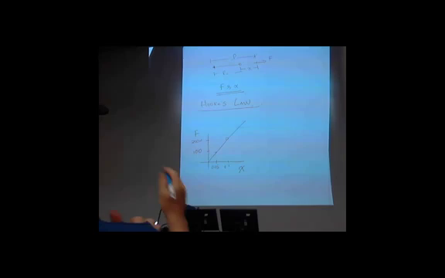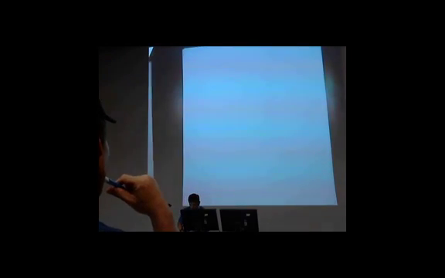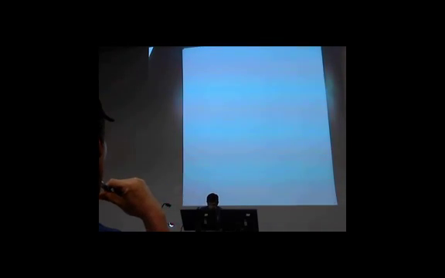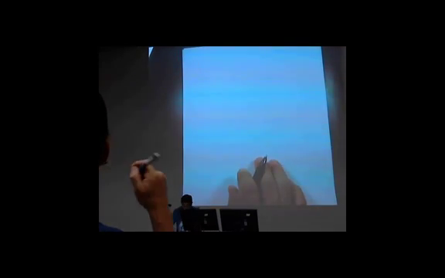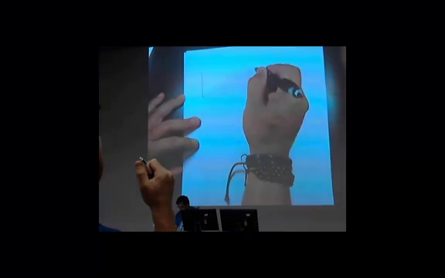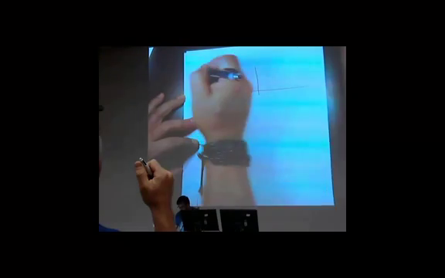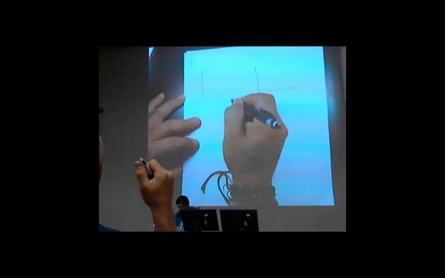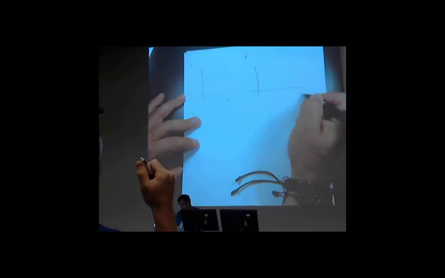Question for you guys. Say we have two different strings. That is force and that is stretch. That is force and that is stretch. Two different strings.